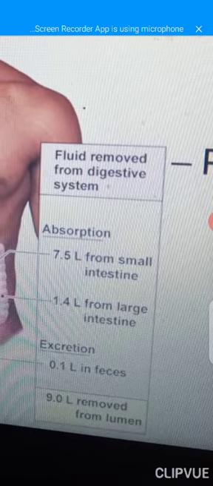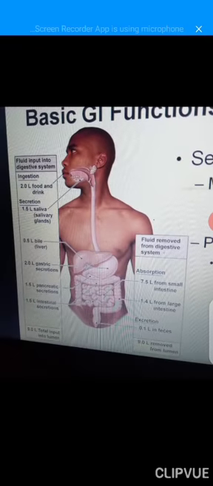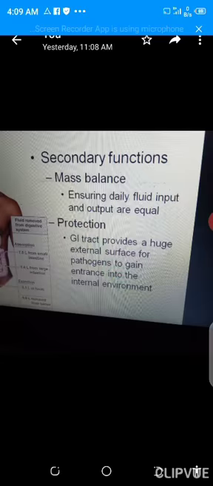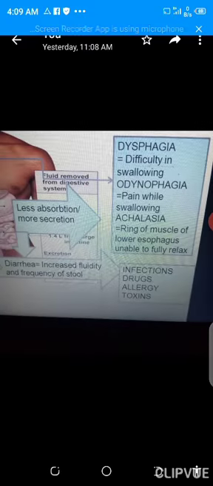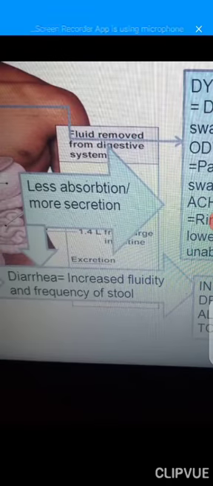Then for the output, 7.5 will be absorbed by the small intestine into the blood. Then another 1.4 will be absorbed by the large intestine into the blood. Then the remaining 0.1 will be lost in feces. Note that when the amount lost in feces is more than 0.1, it will result in diarrhea.